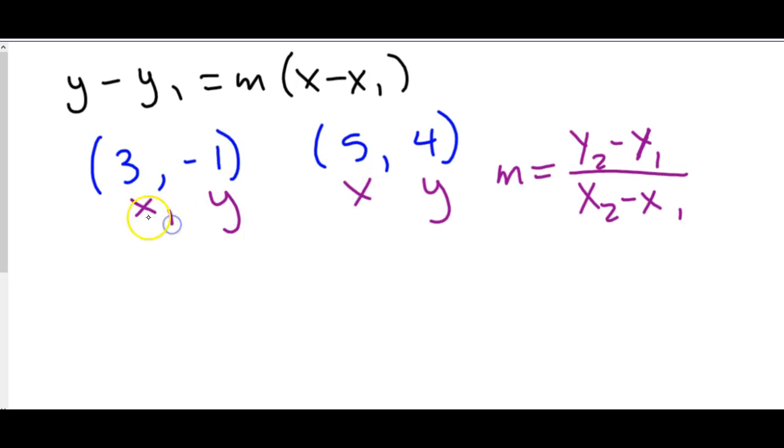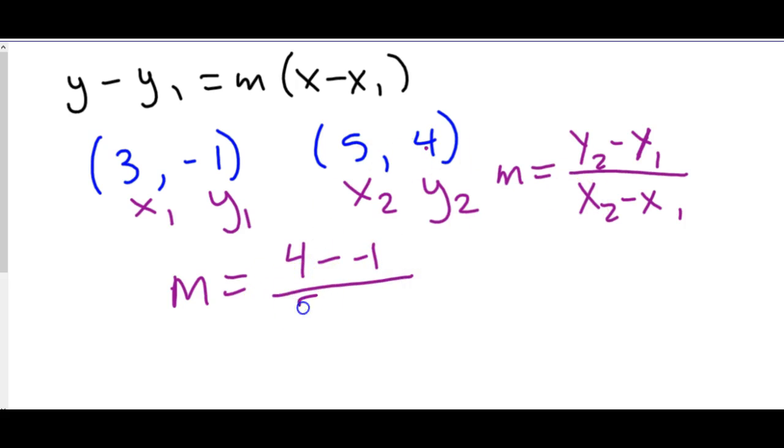So the first point I'm going to call x1, the second point x2, the first point y1, the second point y2. Then we can plug those in to find the slope. y2 is 4, so 4 minus y1 is negative 1, over x2 is 5 minus x1 is 3.